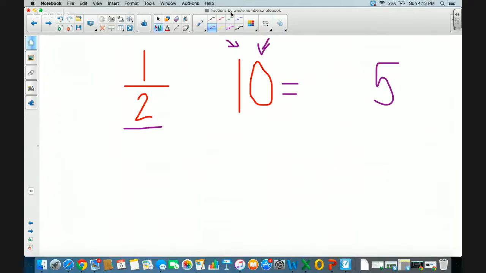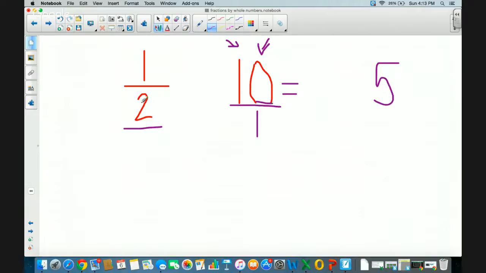But to make it a lot easier, always remember that all whole numbers, no matter what whole number it is, have an imaginary 1 underneath.